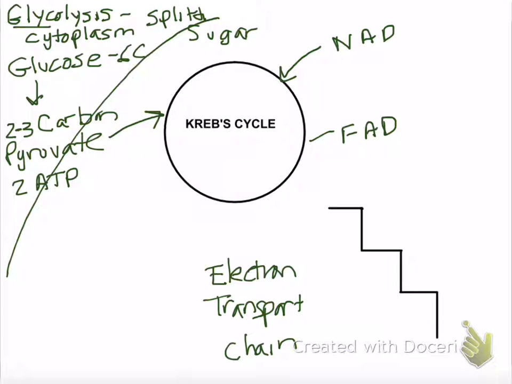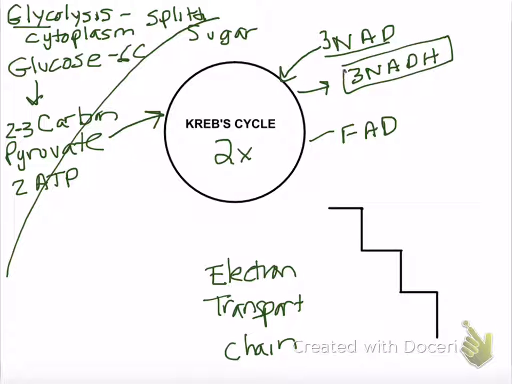In this step, since we have 2 pyruvate that enter, the Krebs cycle spins 2 times. We put in 3 NAD per spin, so each spin we're going to end up with 3 NADH produced, and then each spin we're going to get 2 FADH.